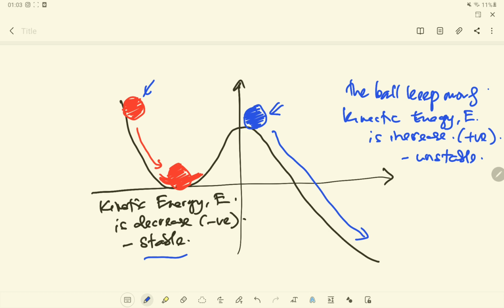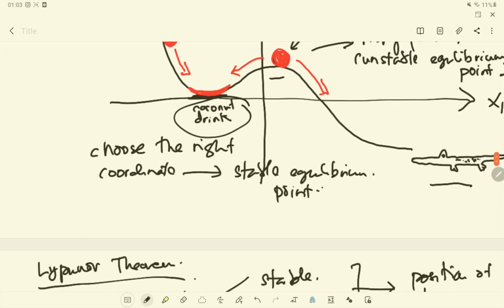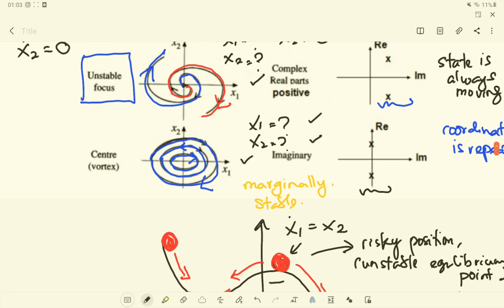How about the marginally stable systems? Okay, marginally stable systems. We go to the phase plane. The system keeps repeating in the same coordinates.